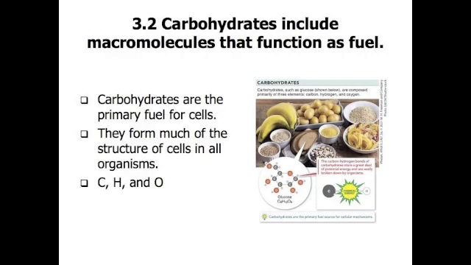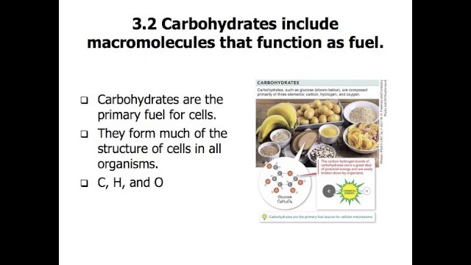Moving on, carbohydrates are the primary fuel for cells and also for much of the structure of cells in all organisms. Carbohydrates always contain carbon, hydrogen, and oxygen, and they sometimes contain atoms of other elements. A carbohydrate has approximately the same number of carbon atoms as it does water units in its chemical formula.